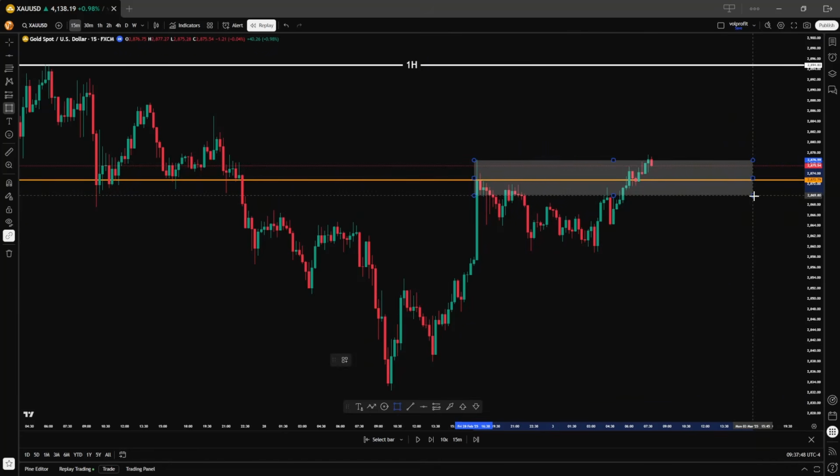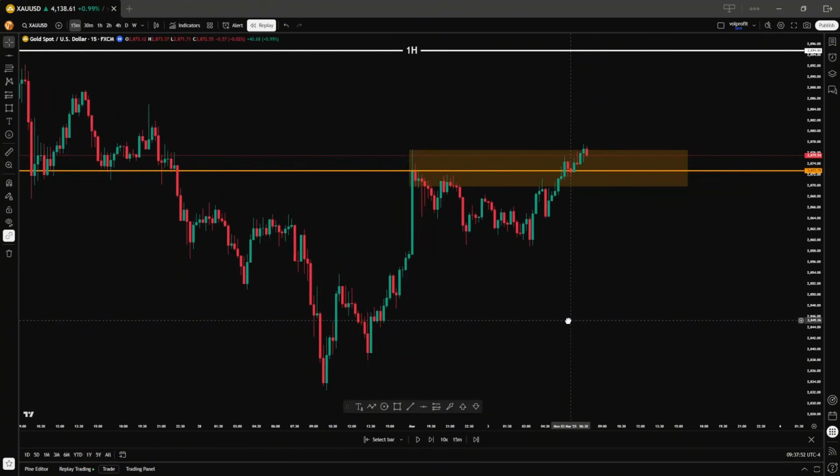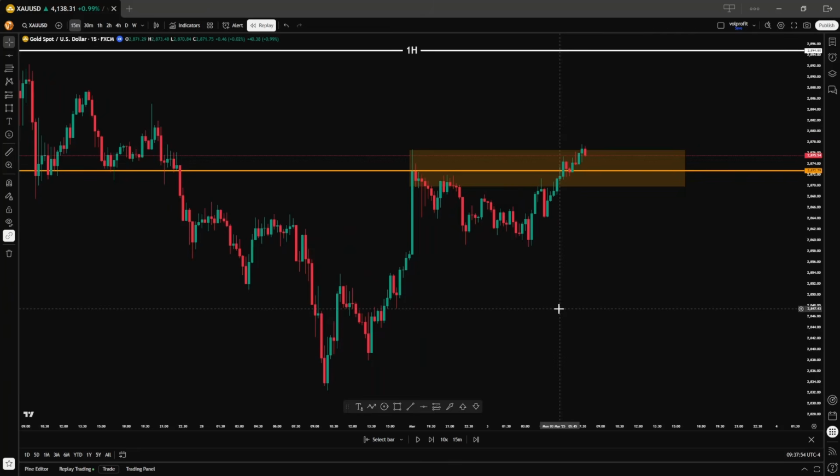We only enter after a real breakout and a proper pullback, and we wait for candle confirmation, like an engulfing pattern, to take our entry.